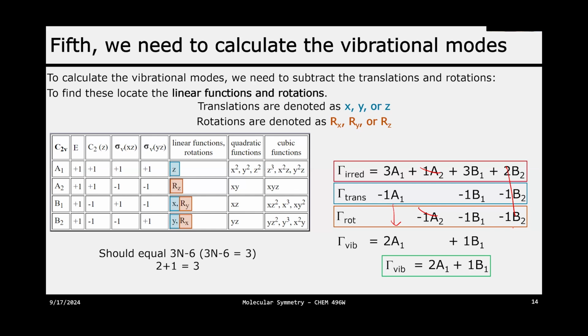So we have 3 atoms for water. So 9 minus 6 is 3, and that tells us how many vibrational modes we should have. Okay, for vibrational, I do 2 plus 1, and that gives me 3. So everything up to the 5th step basically gets us to the same place that first slide technically got us to, but we need to do all 5 to figure out the 6th step, which is identifying the IR and Raman active modes.